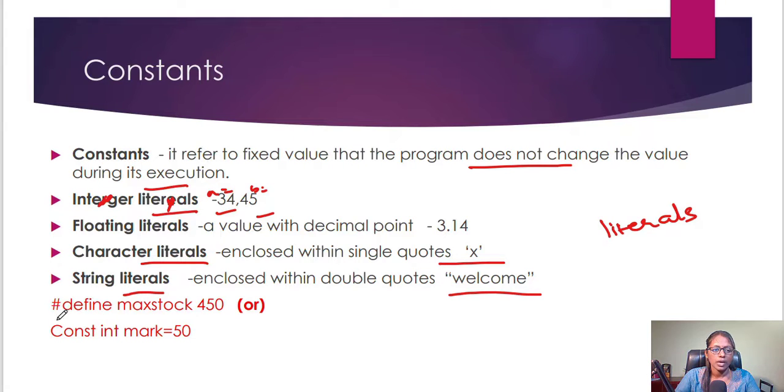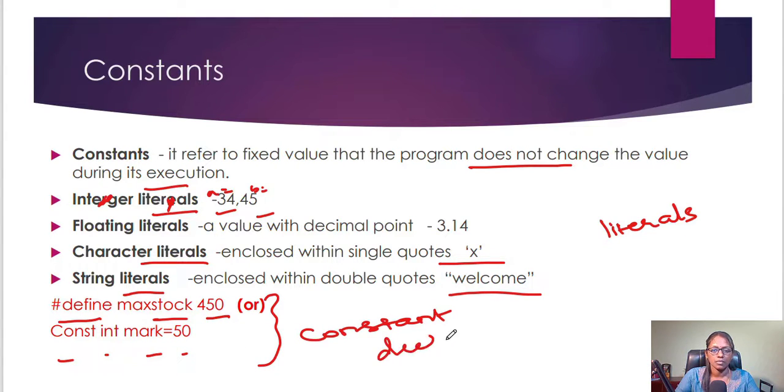Okay, so #define MAXSTOCK 450 means this MAXSTOCK variable value is always 450. And the same thing can also be declared as const int mark equal to 50. In this way you can declare constant values.